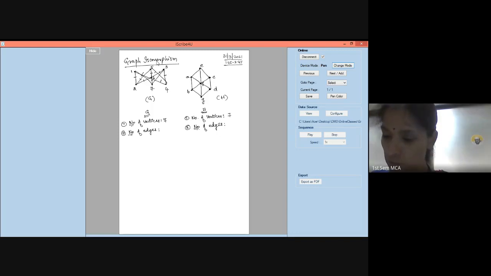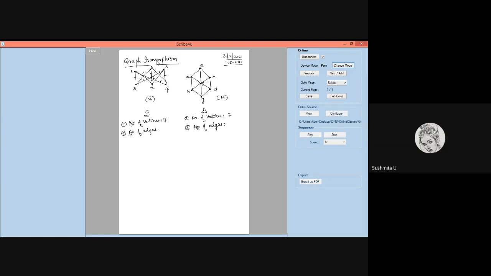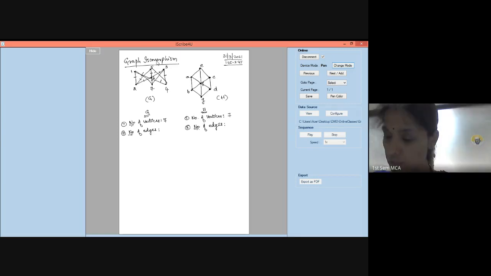And where did I miss out one? Getting only 11. 1, 2, 3, 4, 5, 6, 7, 8, 9, 10, 11, yeah, this one, 3 to 7. Correct. Thank you. So there are 12 edges.